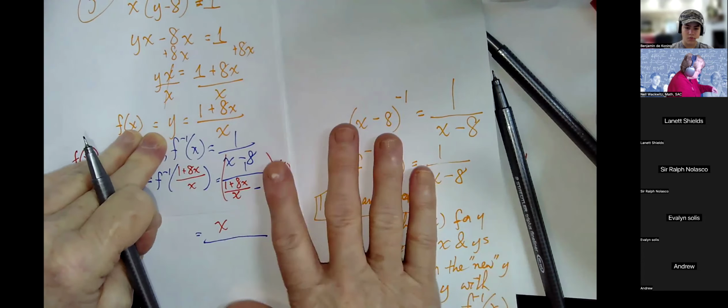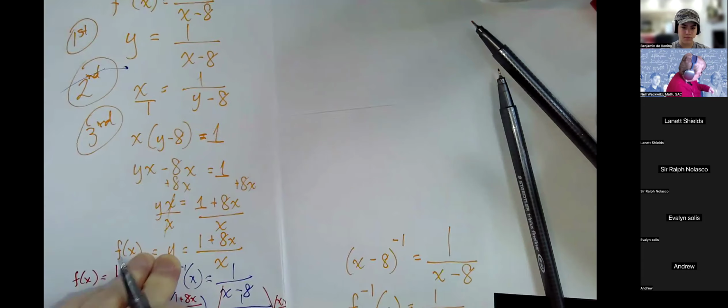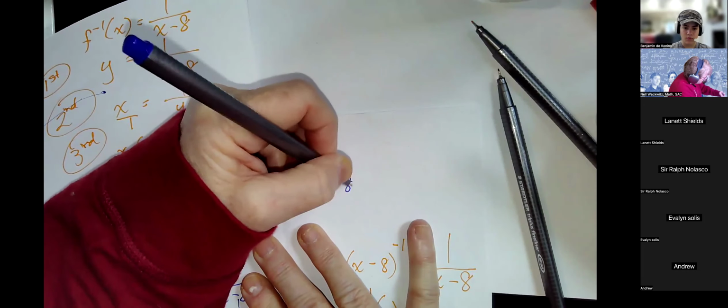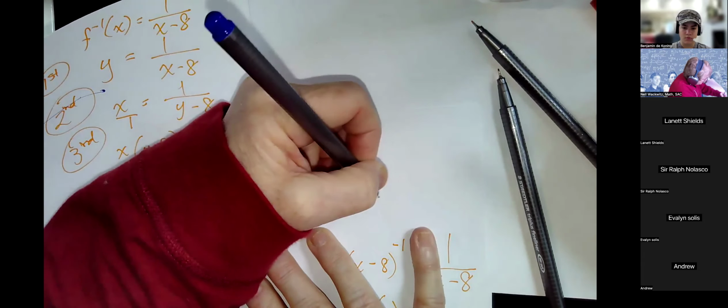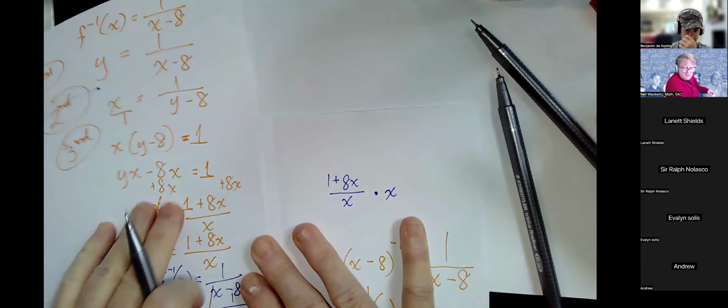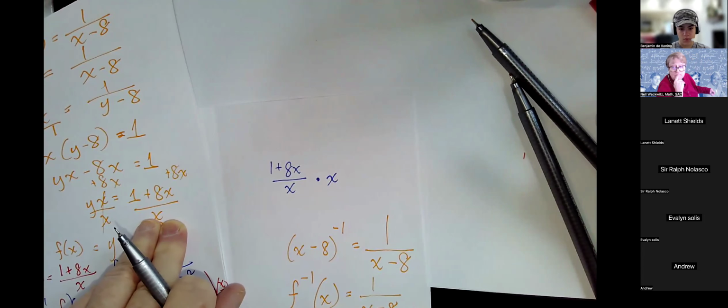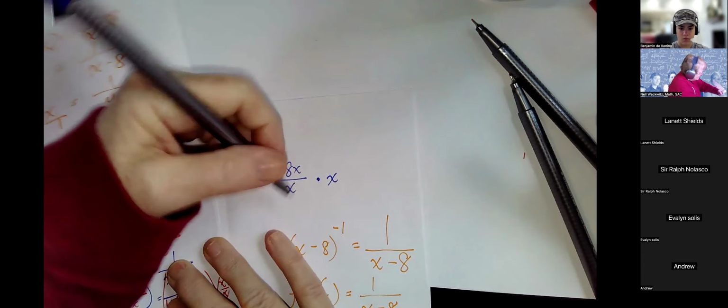Let's look at that separately. I have 1 plus 8x over x times x. What can those x's do? These x's. Cancel out. Yes, yes.